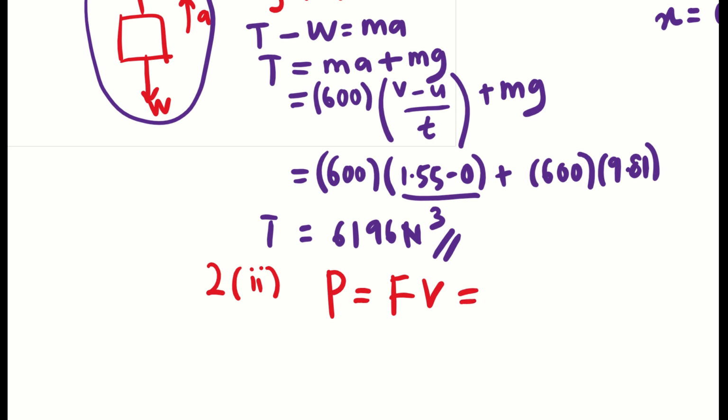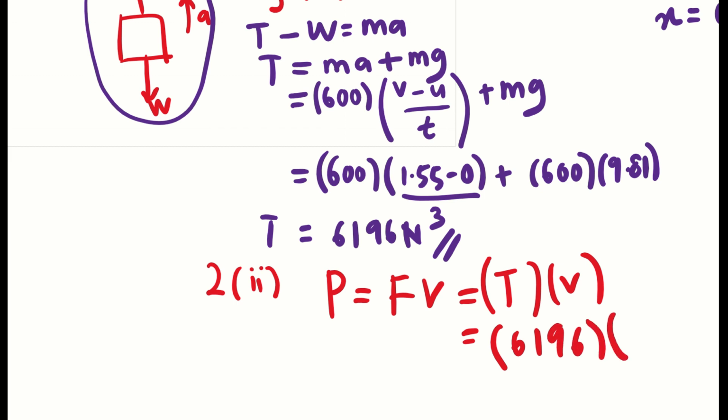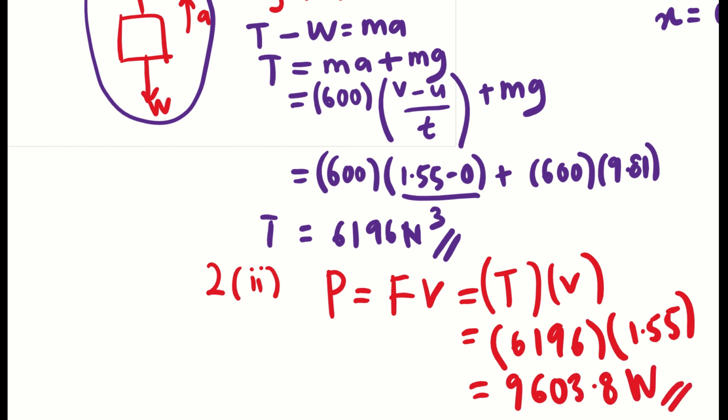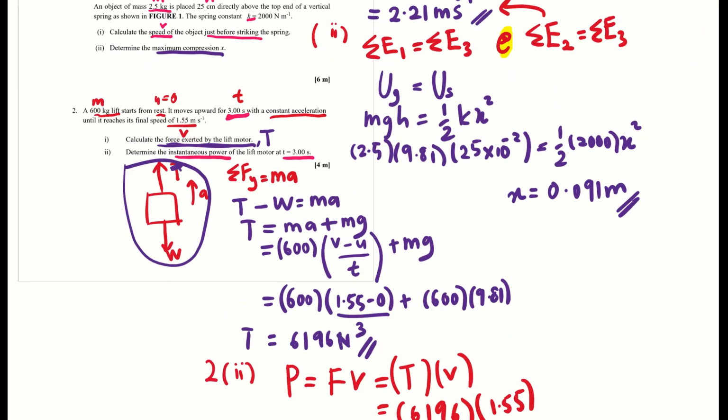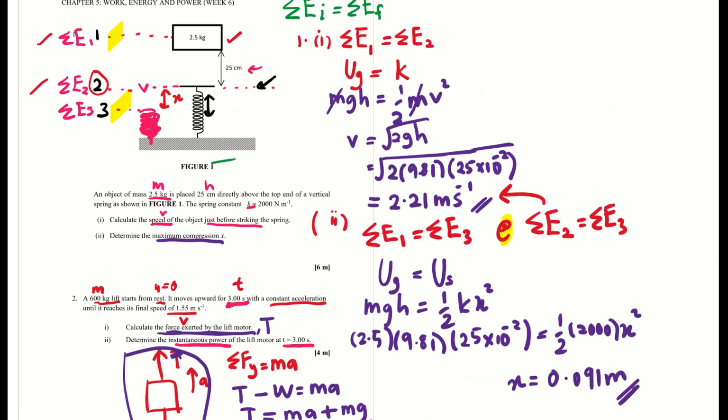So P equals FV, where F is tension and V is the final velocity. Substituting the values: 6196, V is 1.55, and finally you have your power is 3.8 watt. So that's the solution for Aura Chapter 5 second version.